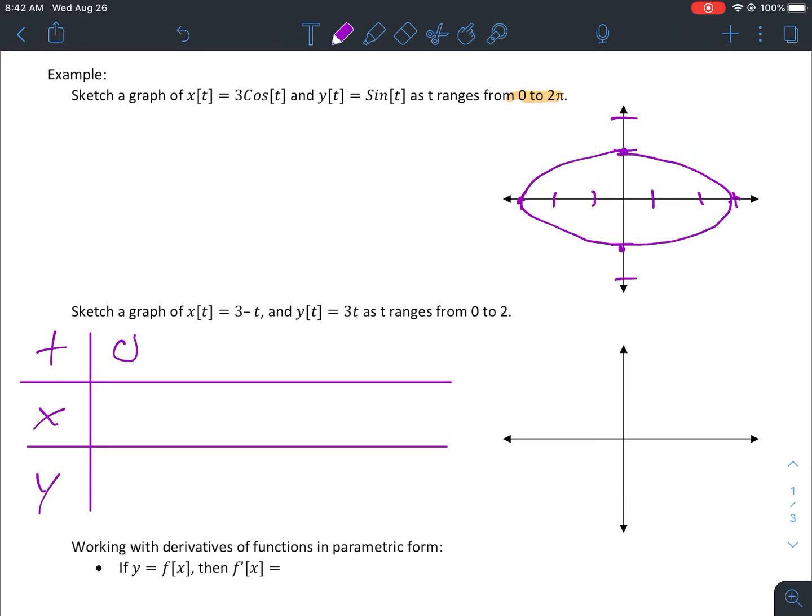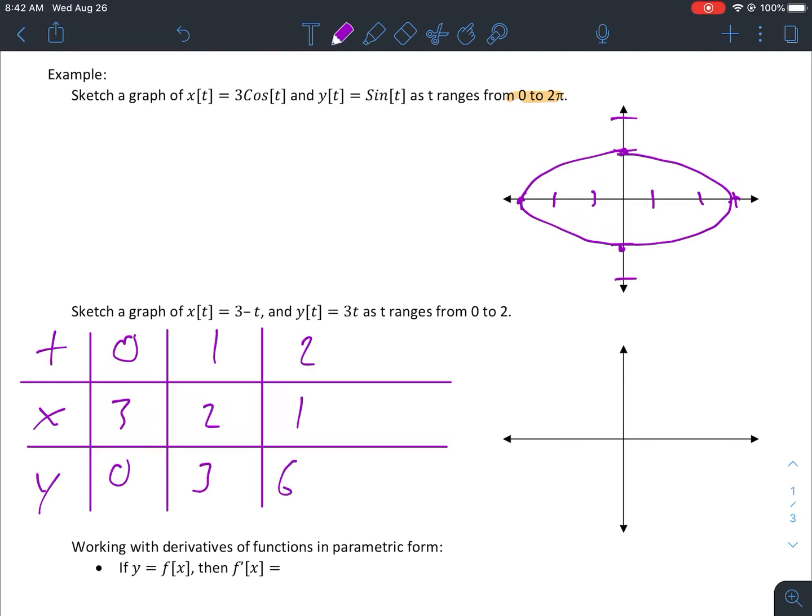So if we put 0 in here, we're going to get 3, 0. If we put 1 in here, we're going to get 2, 3. And if we put 2 in here, we're going to get 1, 6. And you can put more points in there. You could put 0.5 or 1.5 in, as many points as you need to get that graph.